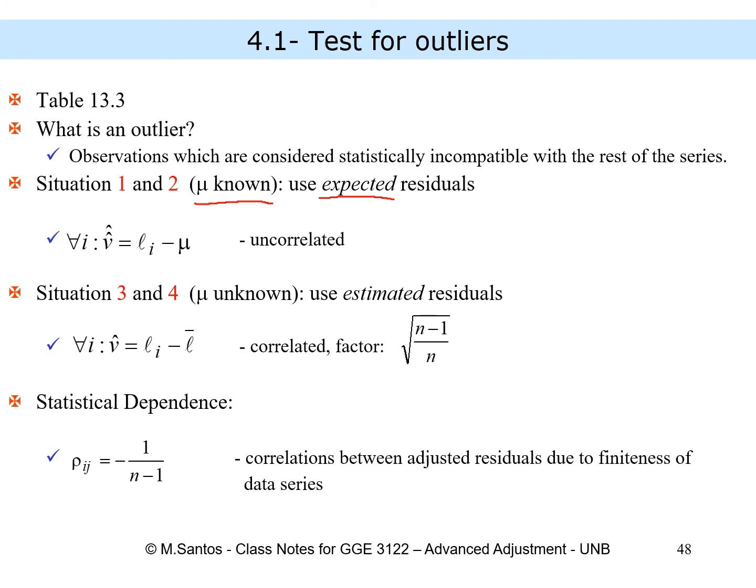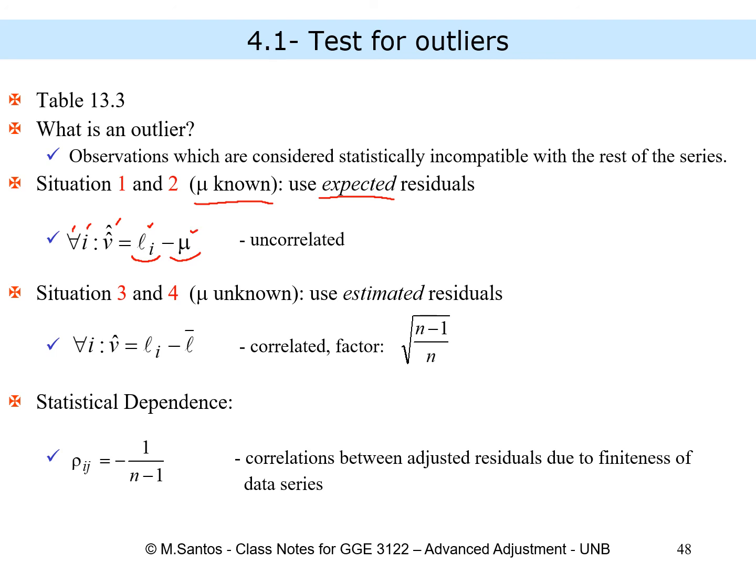Why are they uncorrelated? For every observation i, we are going to have an uncorrelated residual that is computed as the difference between the observation and the population mean. It's uncorrelated because the observations are independent from the population.